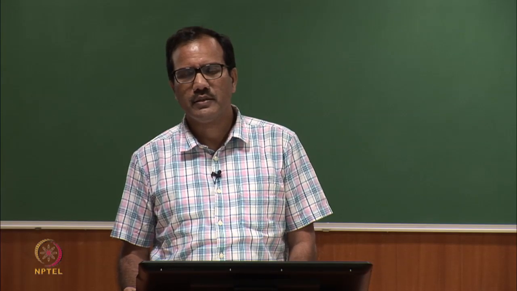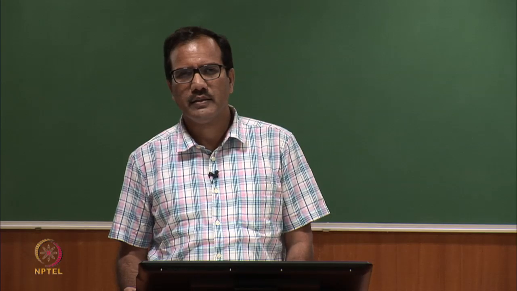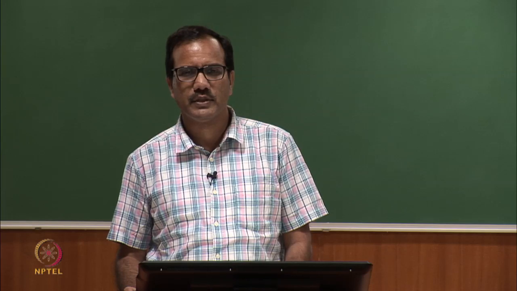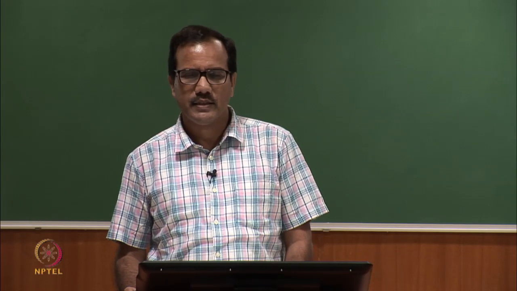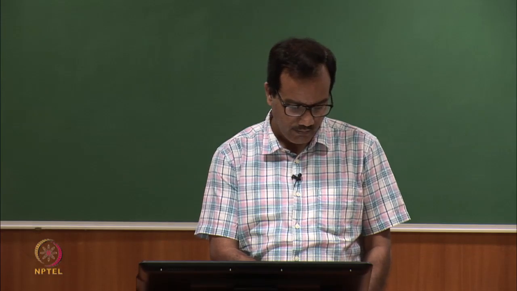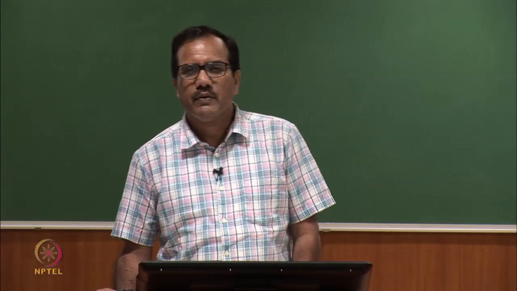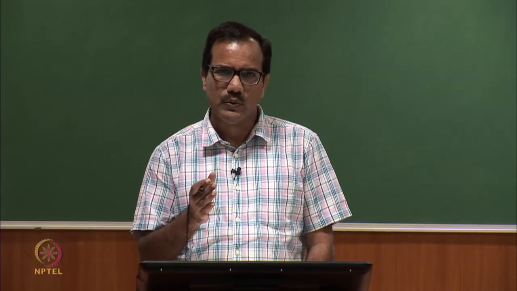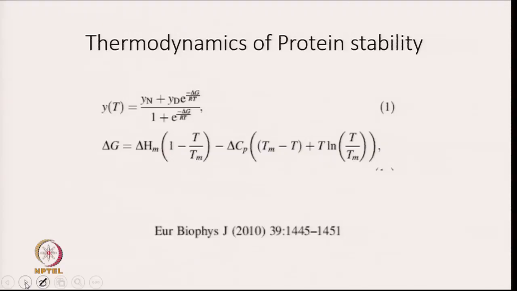In the last lecture, I started discussing the application of steady state fluorescence, and in this lecture I will continue with this. We were discussing in the last lecture how to know the thermodynamic parameters of conformational change.